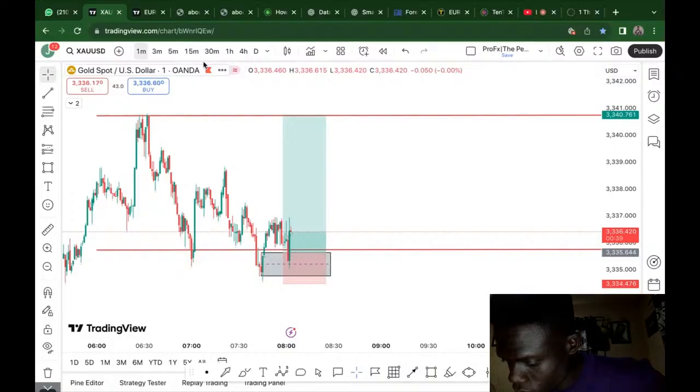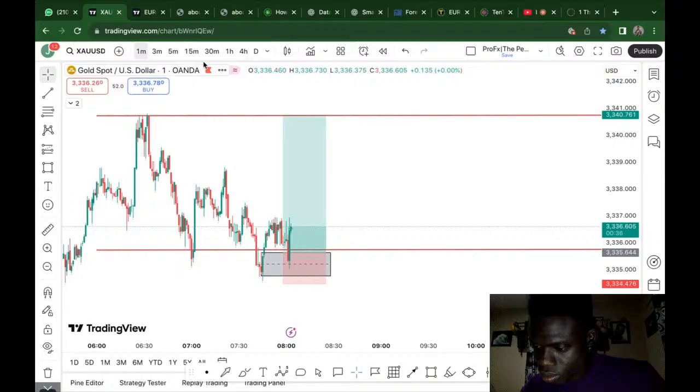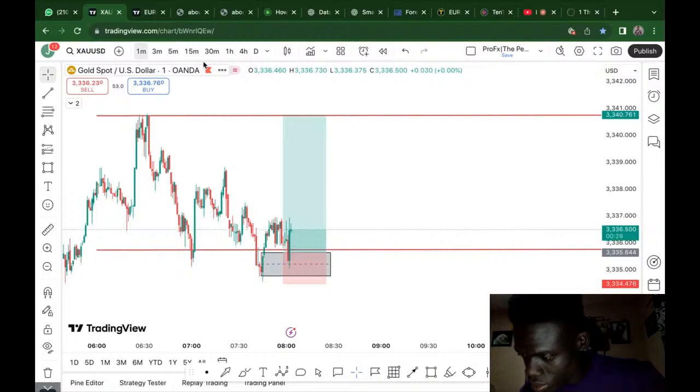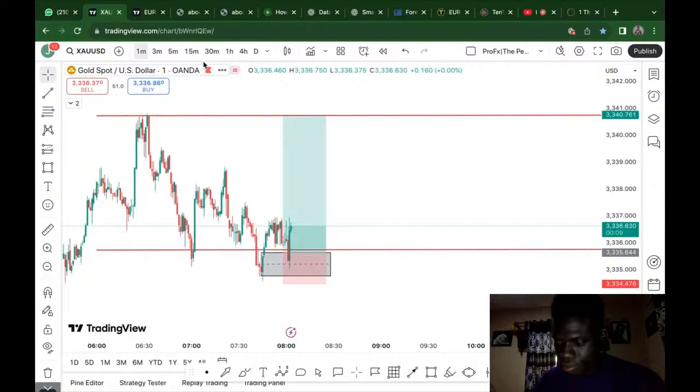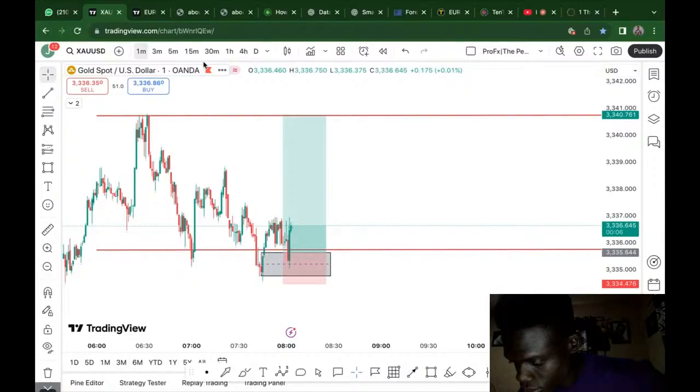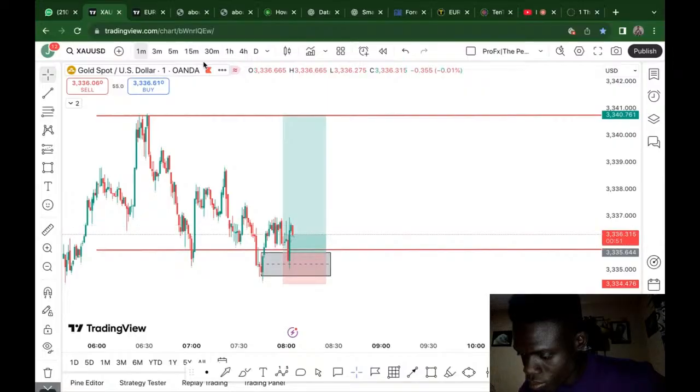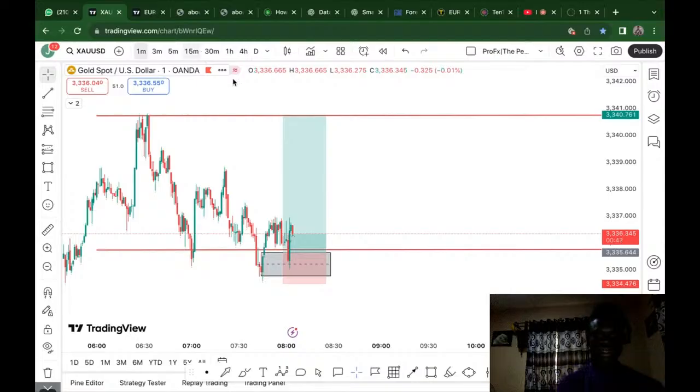Entry 3334. Stop loss is at 3334.47. Okay, let's see how it goes.